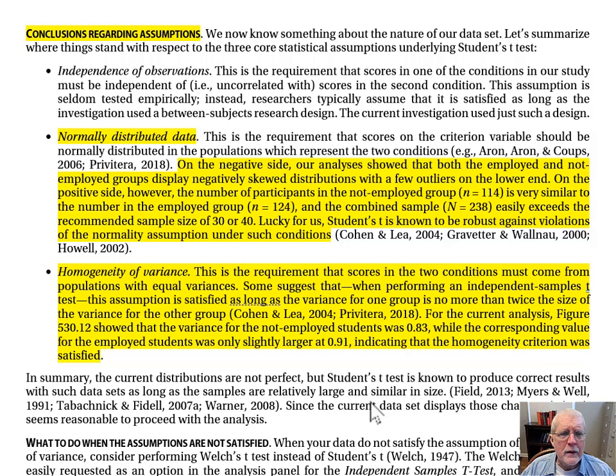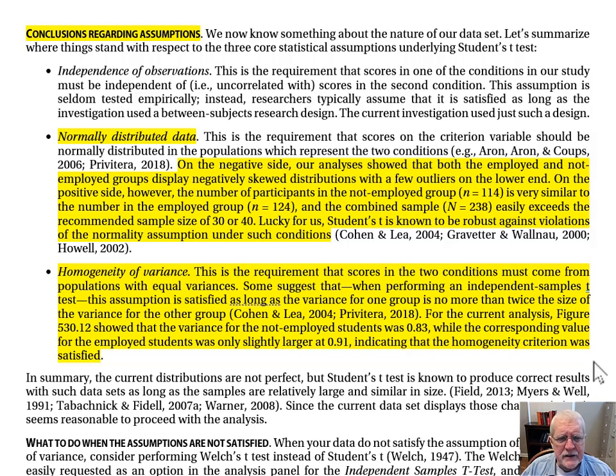What about homogeneity of variance? This is the requirement that scores in the two conditions must come from populations with equal variances. Some suggest that when you're doing an independent samples t-test, this assumption is satisfied as long as the variance for one group is no more than twice as large as the variance for the other group.